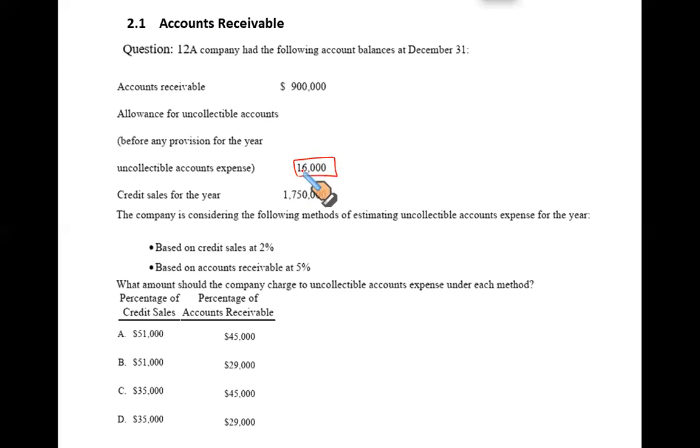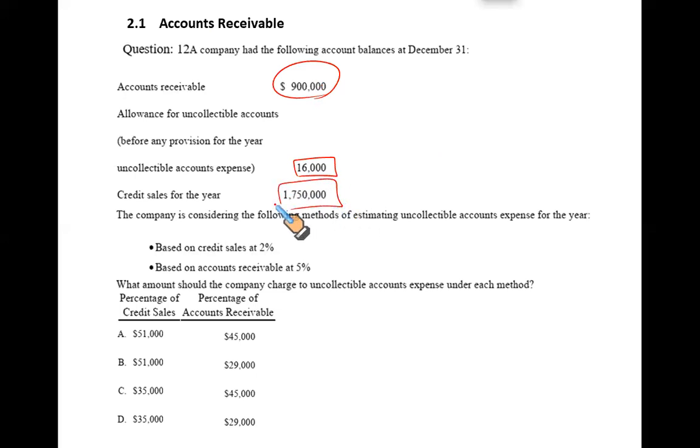There is only one type of question where you have a debit balance in provision or allowance. I will explain that later. You can have a debit balance in allowance, and how we handle it, we will see later. This is the gross receivable, this is the allowance, and of course we report our NRV.